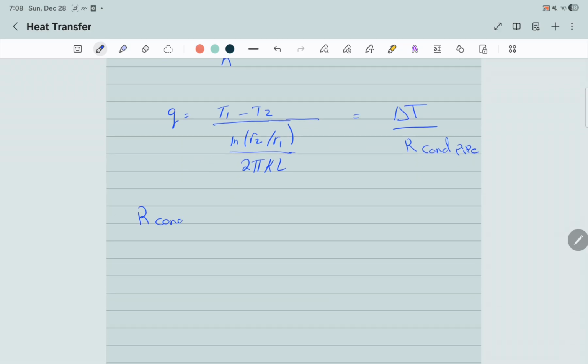Our conduction pipe resistance will equal ln(R2 over R1) divided by 2 pi K L. That's the resistance for conduction in a cylindrical pipe.